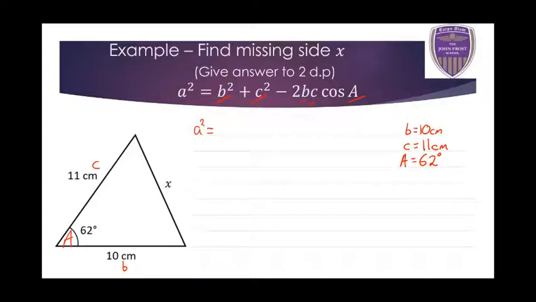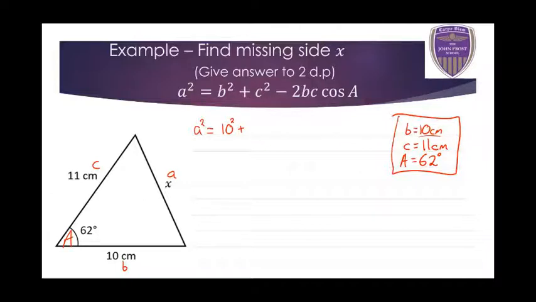So this is all the information we need now to fill in our formula. This is how we're going to find the missing side. We just go through the formula step by step and substitute the letters for the known values. The first part is a squared. Well, a is our missing side, that's x, what we're trying to find. So a squared equals b squared, and b is 10 centimeters, so 10 squared, plus c squared.